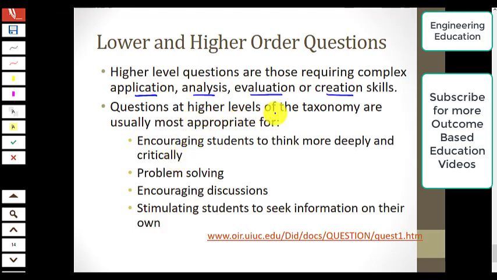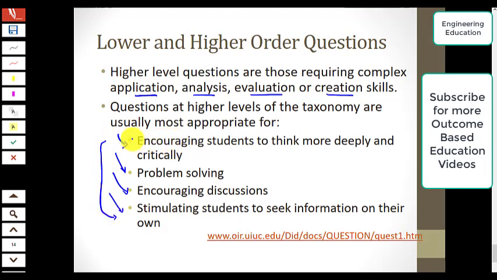Questions at higher levels of the taxonomy are usually most appropriate for encouraging students to think more deeply and critically, problem solving, encouraging discussions, stimulating students to seek information on their own. So these high order thinking level questions help to perform these activities.